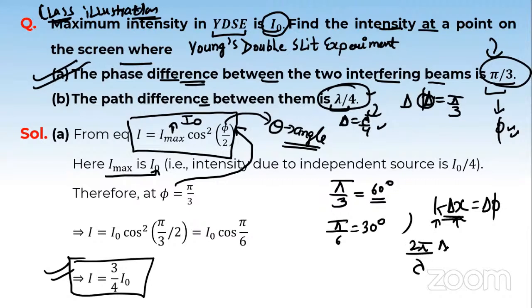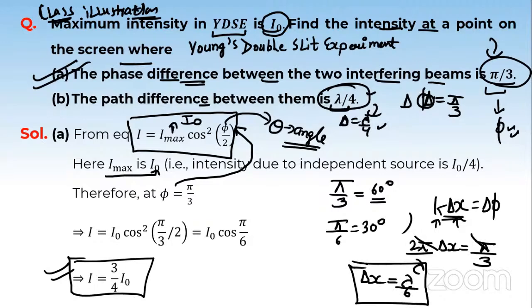Phase difference is pi by 3. Pi and pi will cancel, so the path difference you will get as lambda by 6. Is it right? It's fine, no?